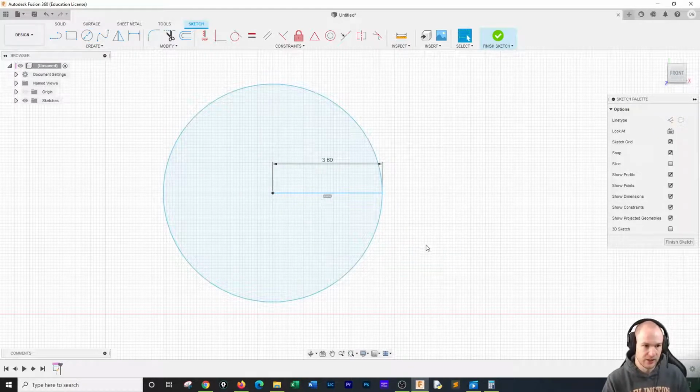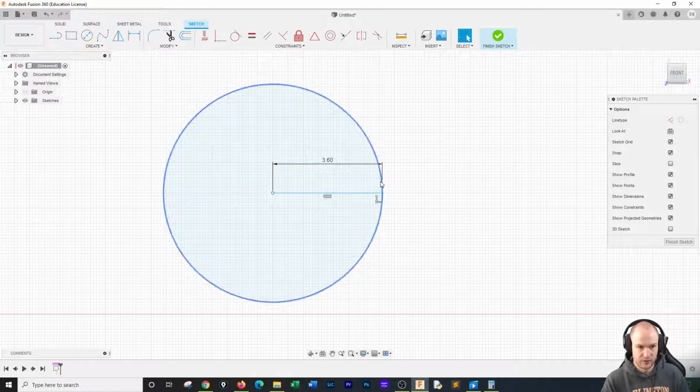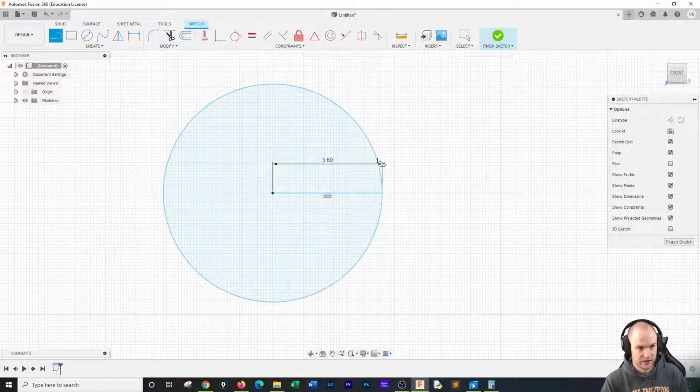So if you have a compass, you can actually set it to 3.6 and draw a circle, and then you can actually go from one point on the circle to another point with this line to make it.